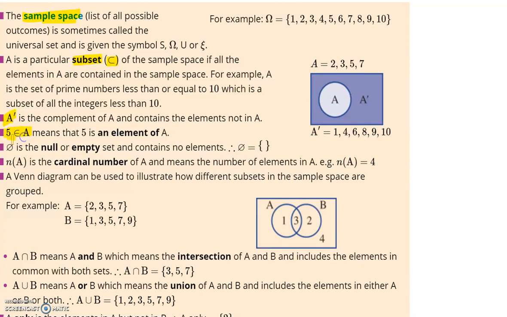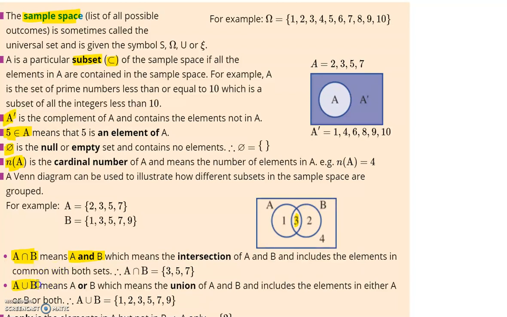That means that 5 is in the set A, so 5 is an element of A. Null or empty, there's nothing. This means the number of elements that are in A. Now the next thing, which is very important, and I'm going to relate that to the example that we've done, is A intersection B, which means A and B, which would be 3 in that example.